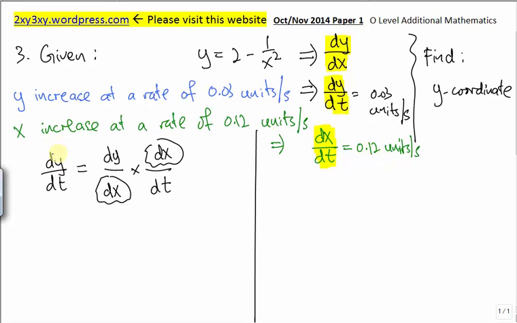So I've formed an equation from the chain rule.